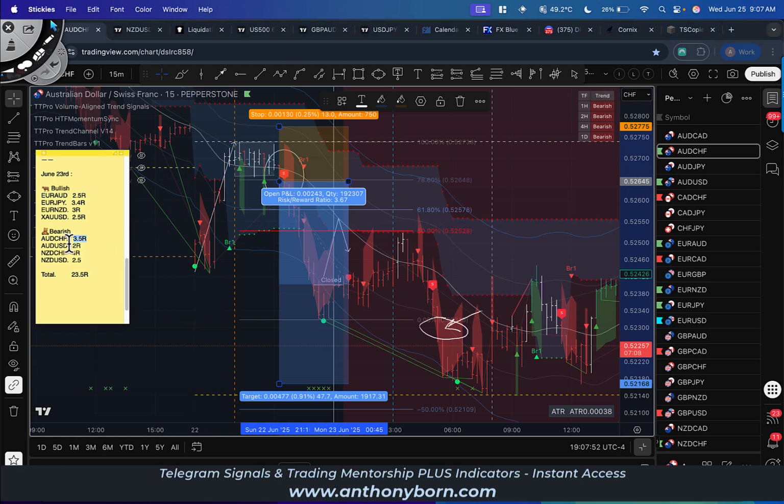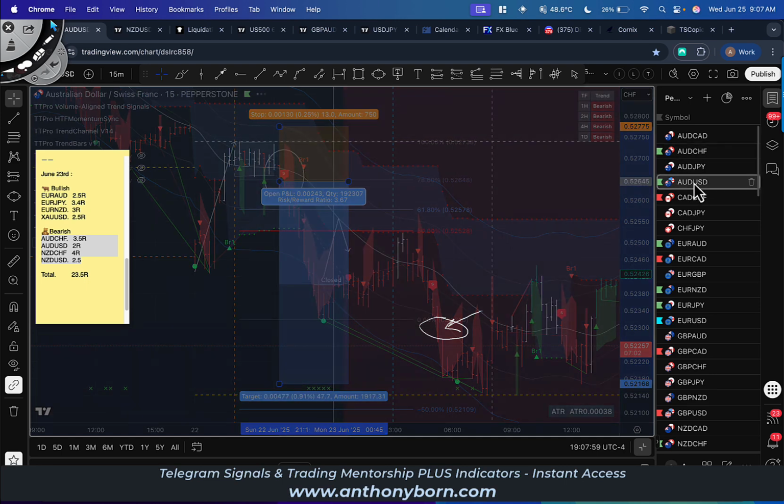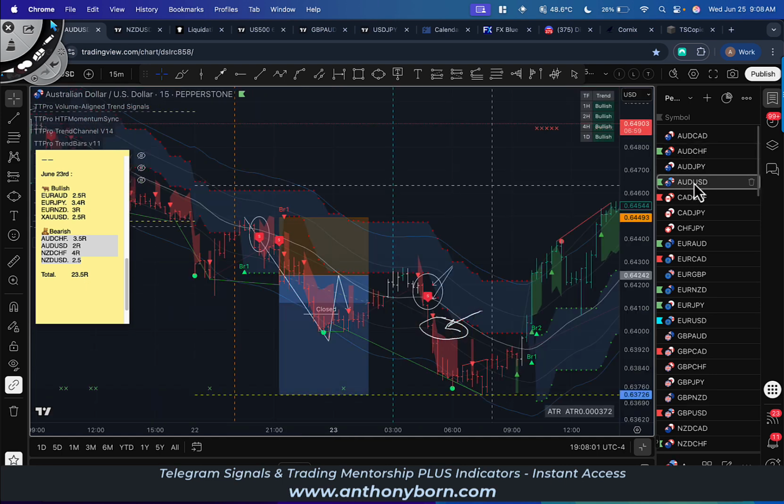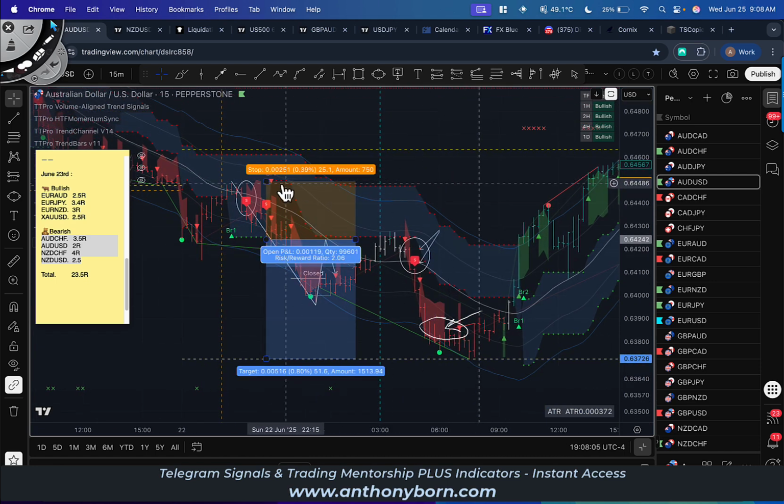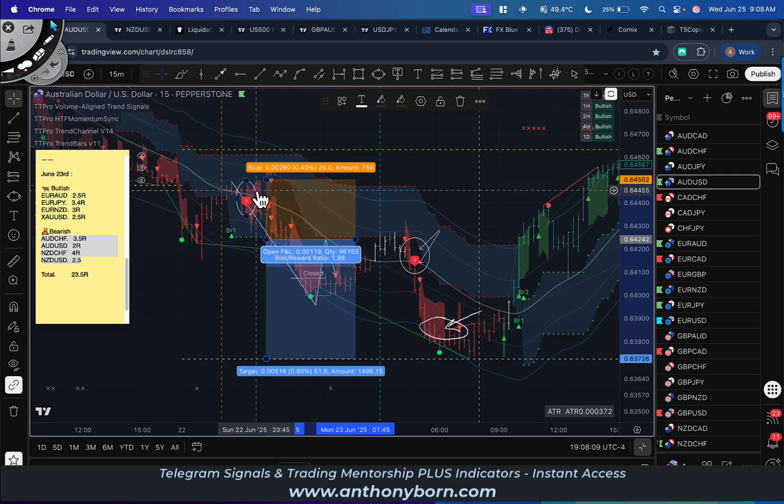Aussie Kiwi. I ended up closing this basket of trades at the same time. And I think I ended up with about a 3 something R gain. This one I closed early, but if you're trading it manually, stop again above the red shaded zone here down to the yellow line, 1.98. I'll just round it off at 2R.